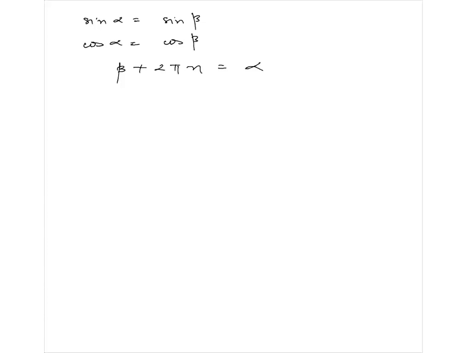If I ask you only this, then you would say that sine of 180 minus theta is sine theta. If I ask only this, then your answer would be something else. But both of these have to be satisfied.